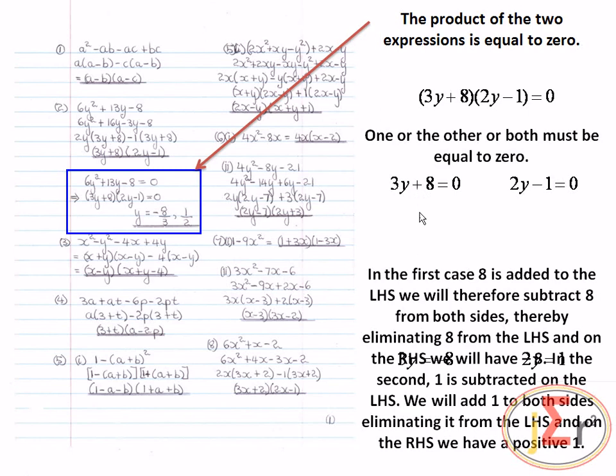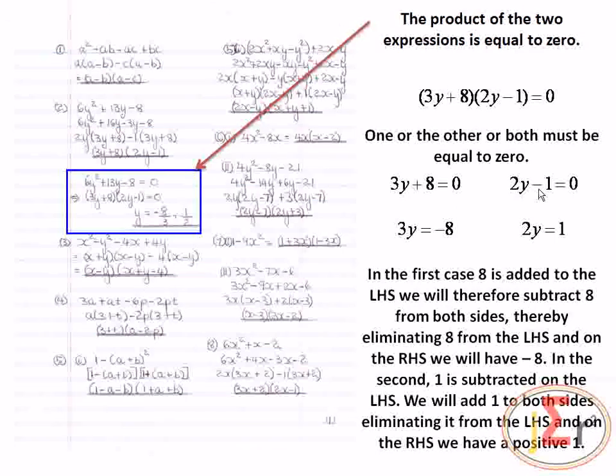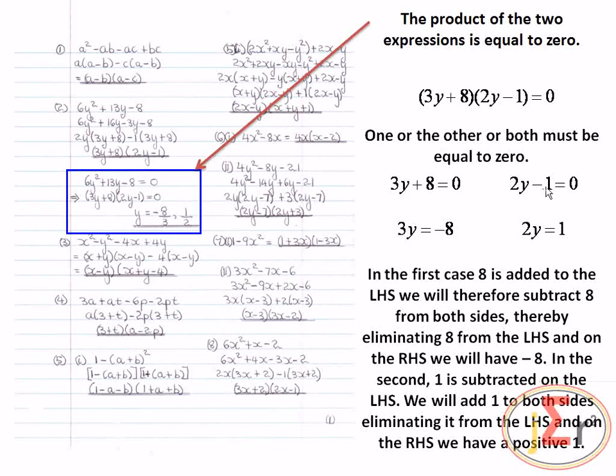a negative 8. For the other one, we have a negative 1 accompanying this term that contains the unknown that we are attempting to find. In order to eliminate this negative 1, we will add 1 to this side and add 1 to the other side also. Negative 1 plus 1 is 0.